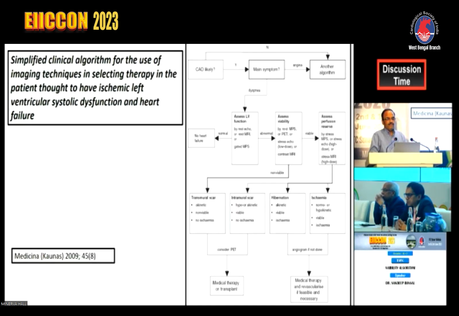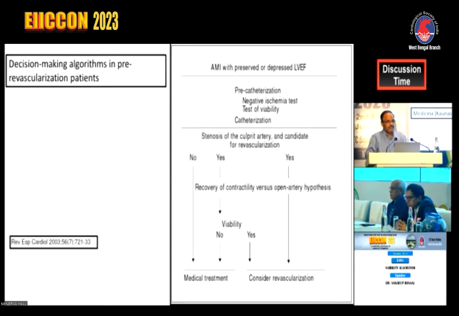If it is low ejection fraction, then you do the viability testing by using myocardial perfusion scans or PET or dobutamine stress echo or MRI. And at the bottom, it is given clearly that if your patient has hibernating myocardium or ischemic myocardium, that is the patient who's likely to benefit from revascularization.